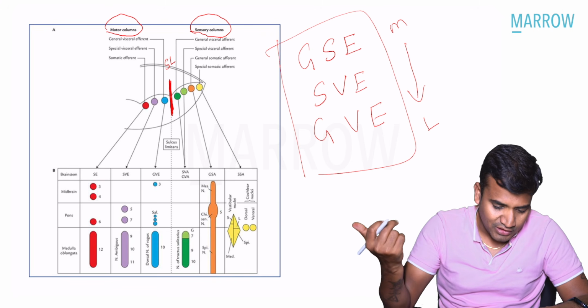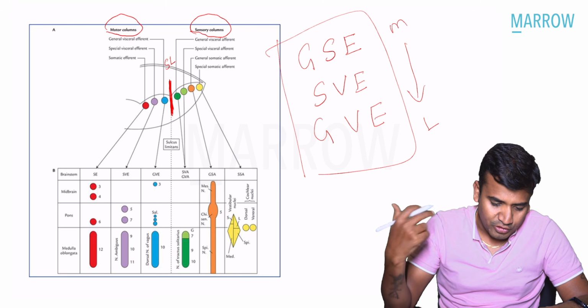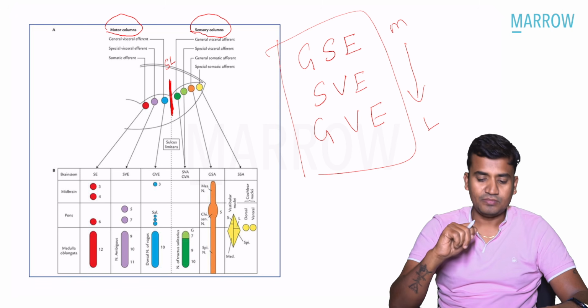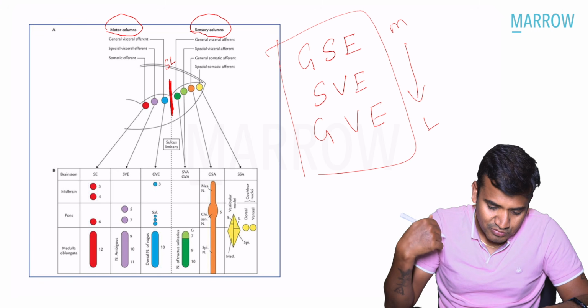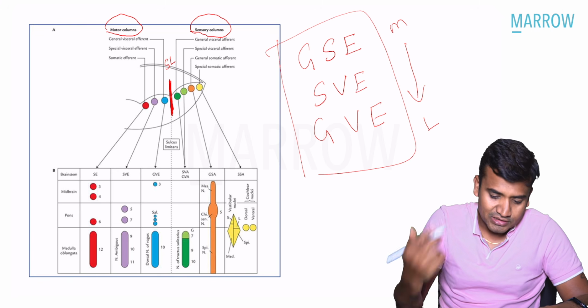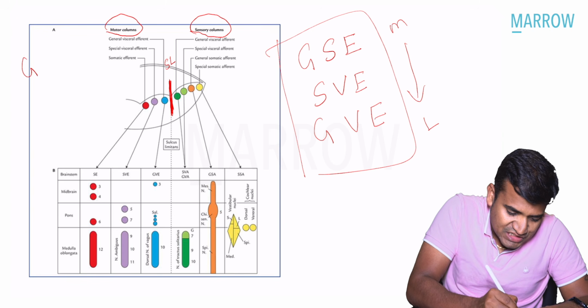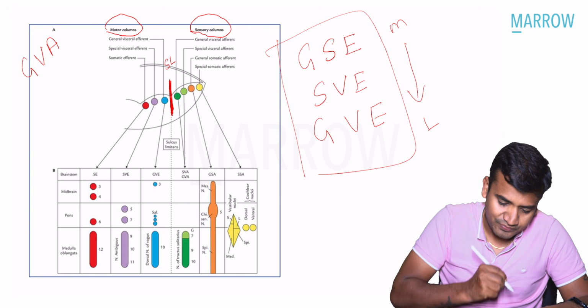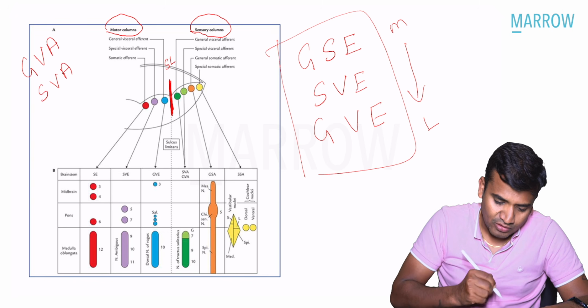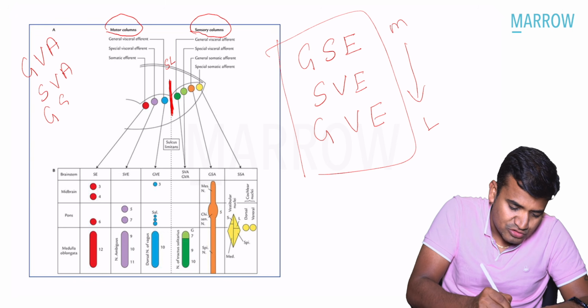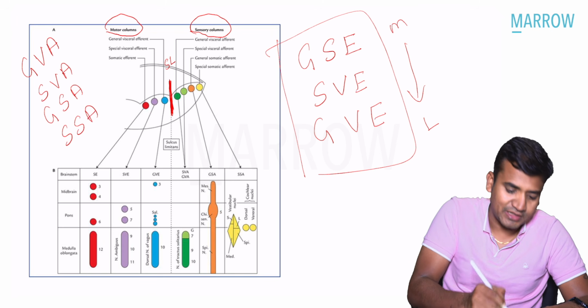Now what about the afferent? In the afferent column, the medial most one is general visceral afferent, followed by special visceral afferent, followed by general somatic afferent, followed by special somatic afferent.